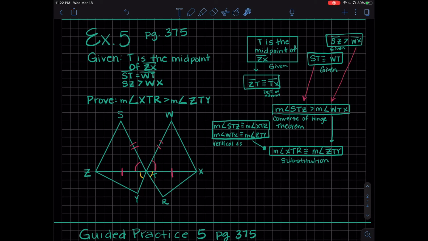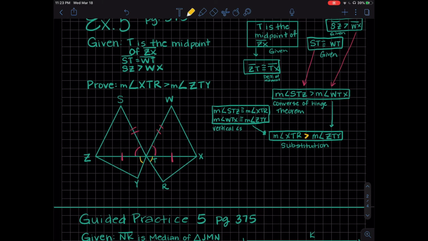So based off of the converse of the hinge theorem, from here and here, we can say our proof that the measure of angle XTR is, whoa, it is not congruent. Try that again. It's greater than ZTY.